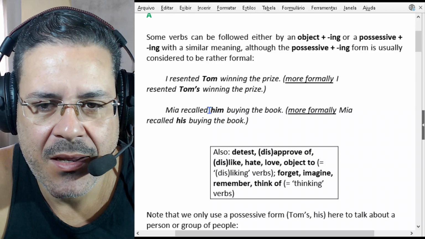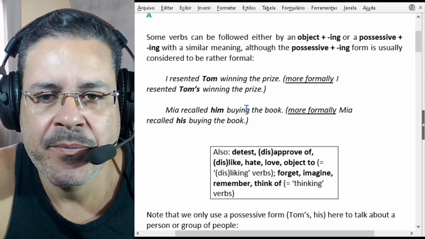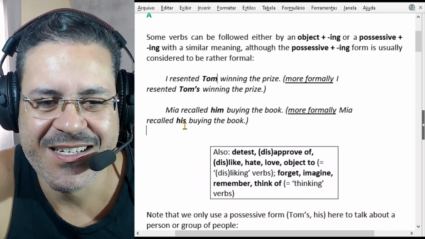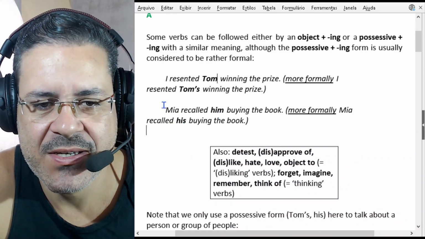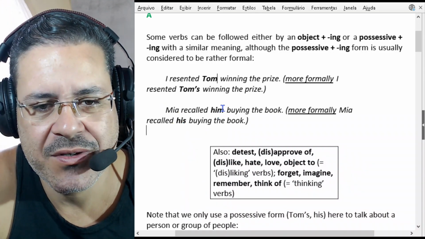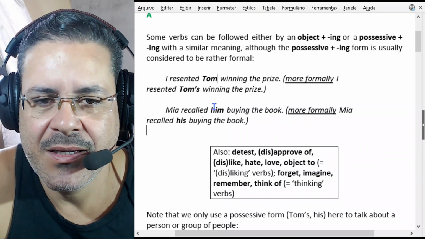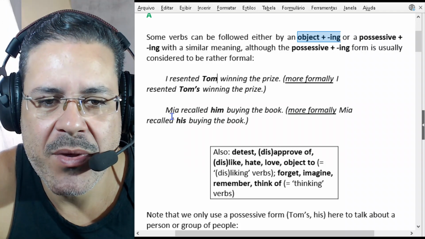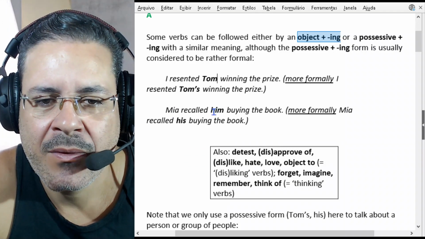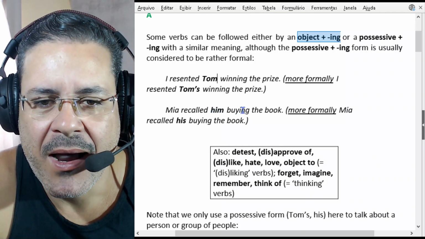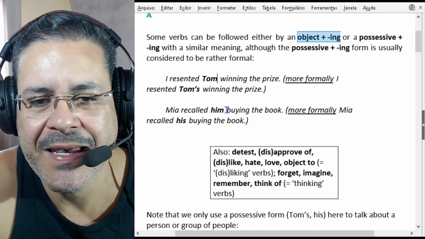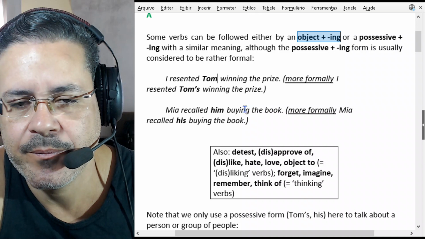This is the object plus ing rather than the possessive his. Mia recalled him, buying, the verb to buy, followed by ing. Mia recalled him buying the book.